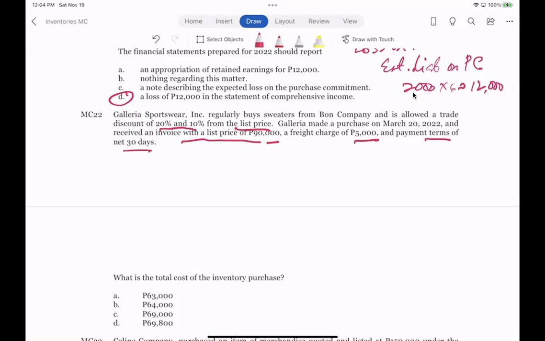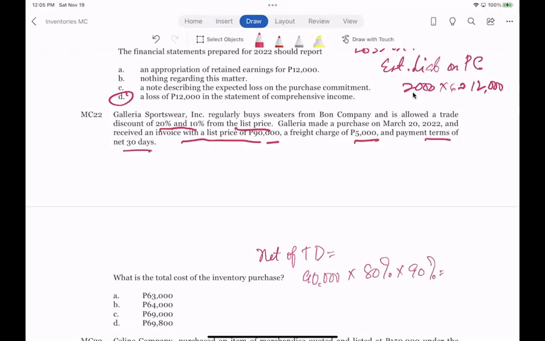Net of trade discount, that will be 90,000 list price times 80%, deducting the first 20%, times 90%, deducting the second trade discount rate.